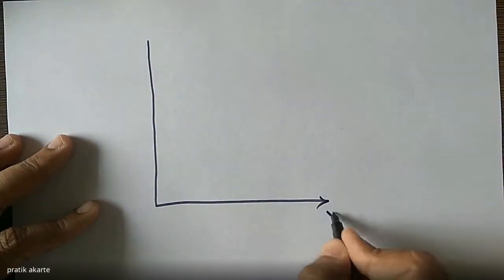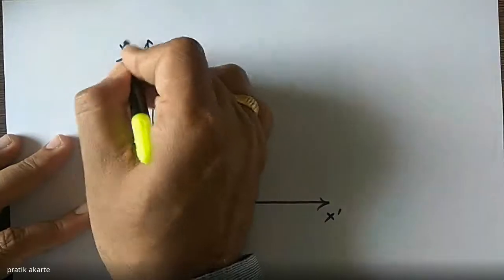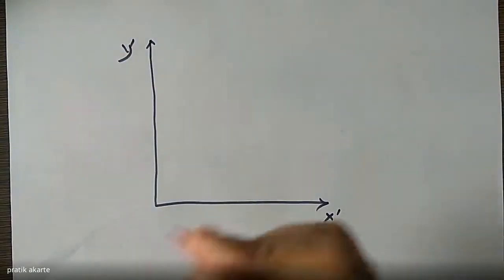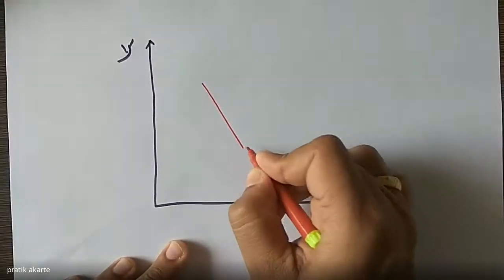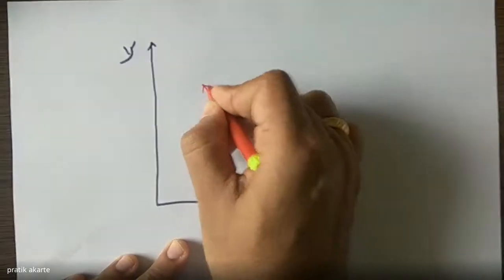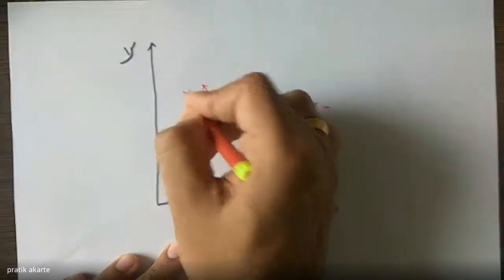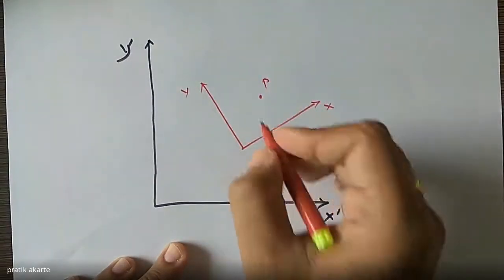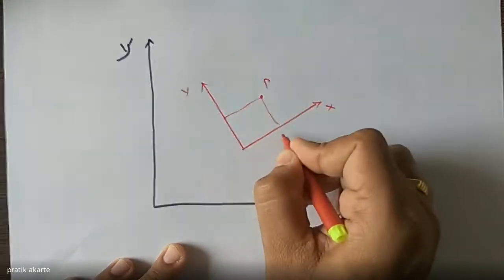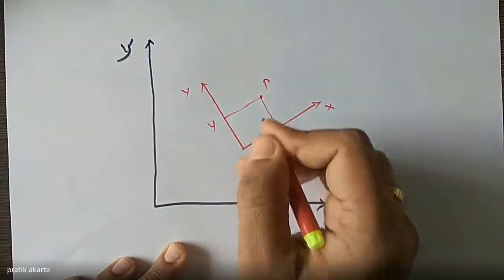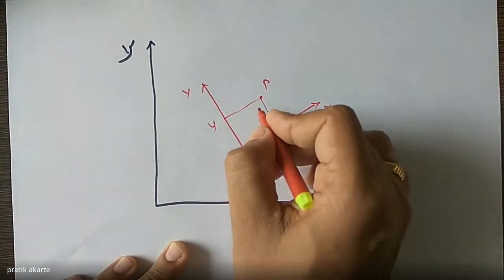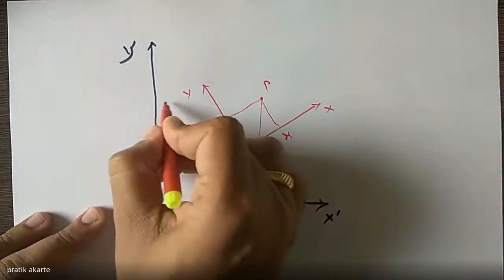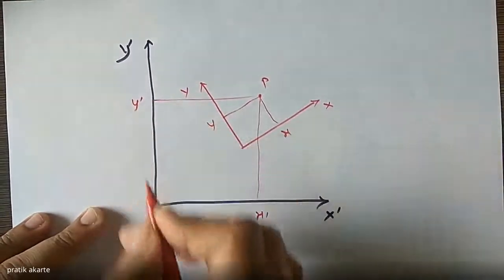So this is your x dash and y dash. Then this is your x and y, and here is some point P. So it is x and y, and here it is x dash and y dash.